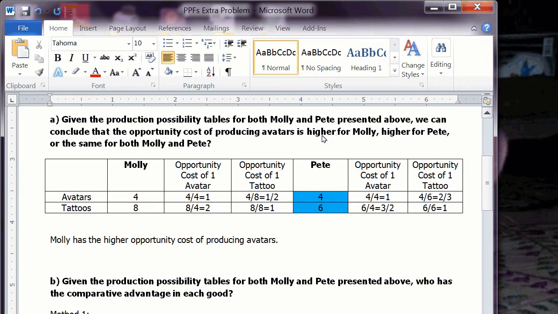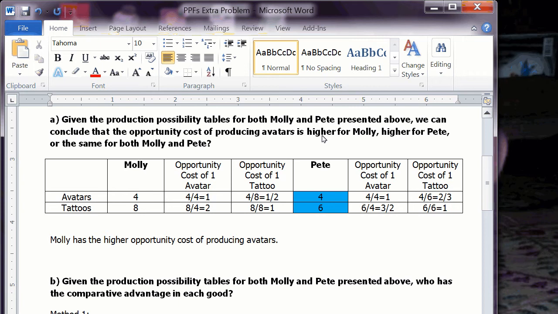So if we go back to our two columns, each for Molly and Pete, we're going to say who has the lower opportunity cost for producing avatars. Well, Molly's opportunity cost was 2, and Pete's opportunity cost of producing avatars is 3/2. So Pete has the lower opportunity cost for producing avatars.